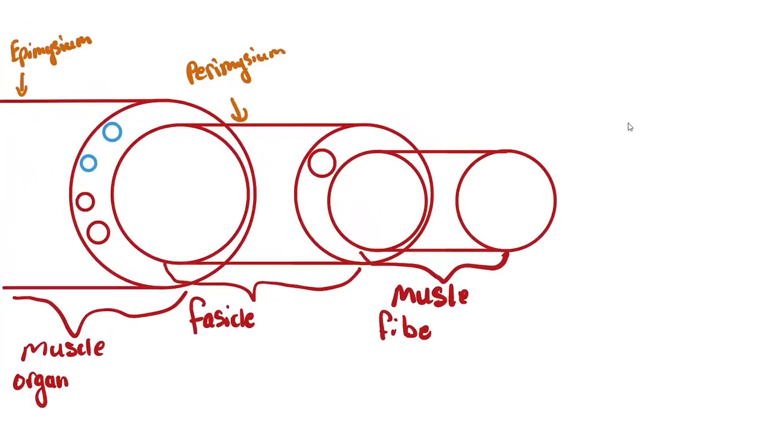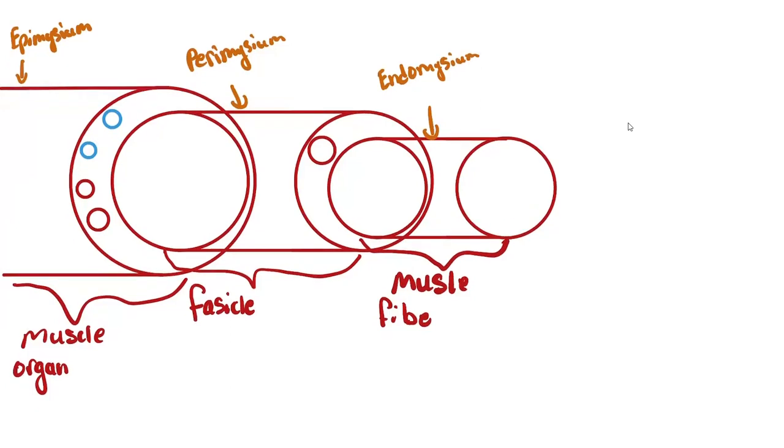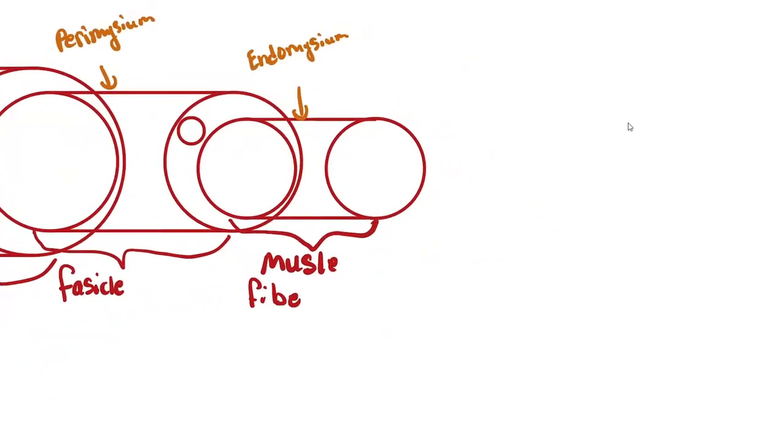And the muscle fiber is going to be surrounded by the endomysium. And inside the muscle fiber, we're going to have the myofibrils.